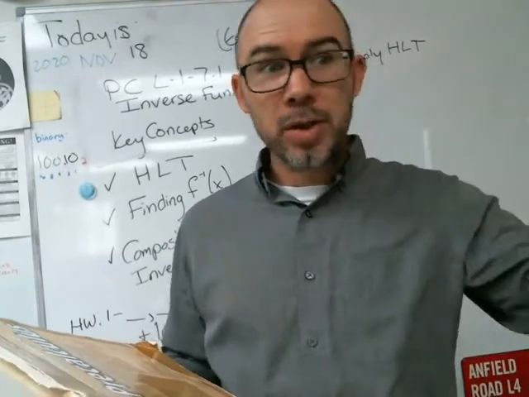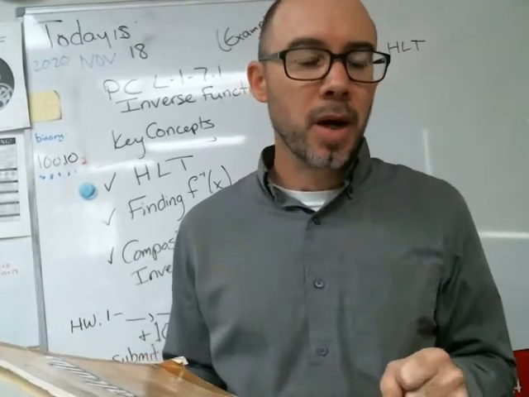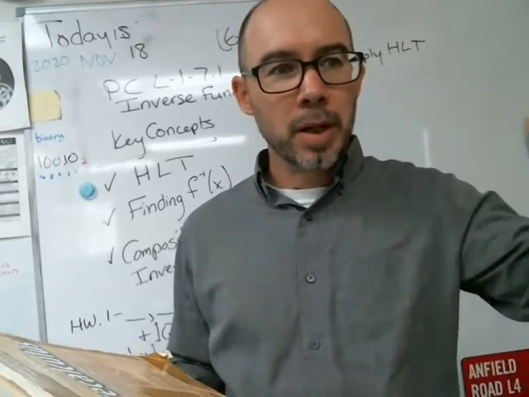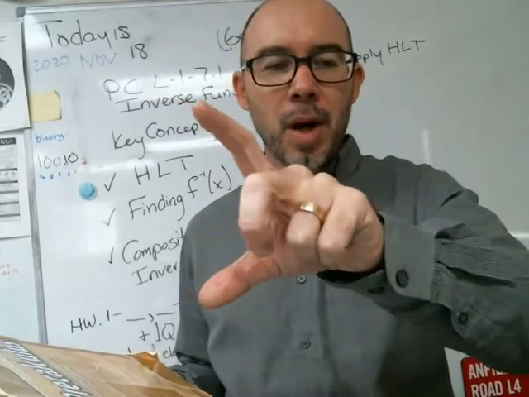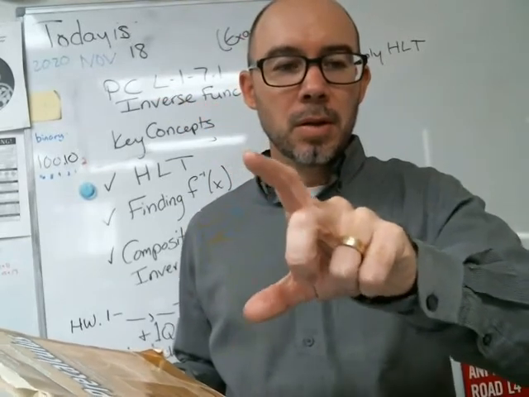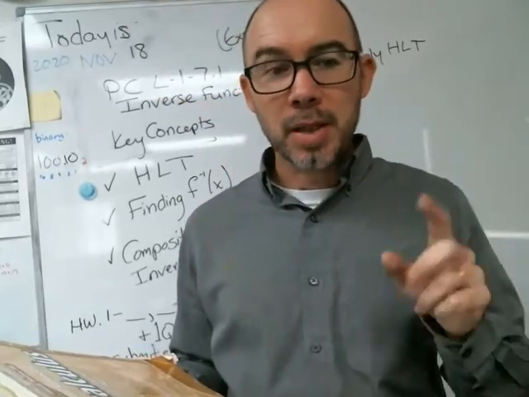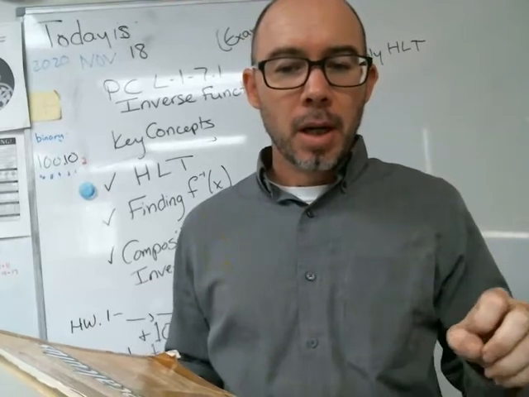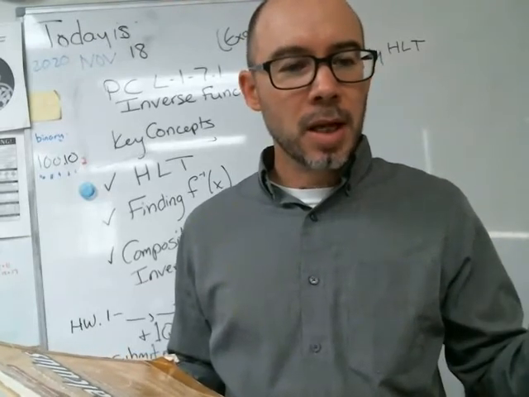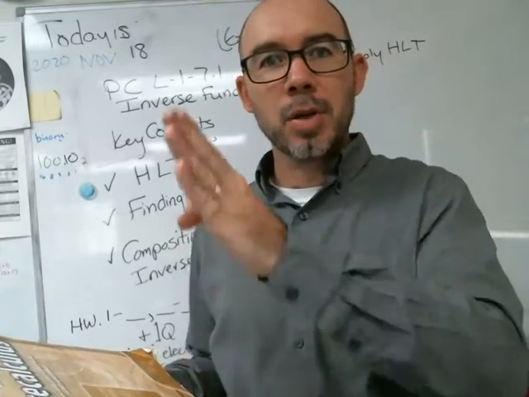You could plug in two different x's and get the same y, like on a parabola, but never could you plug in one x and get two different y's. Does it make sense? Hope so. So we have parabolas, that's good. x of negative 2 would equal 4, and x of 2 would equal 4.